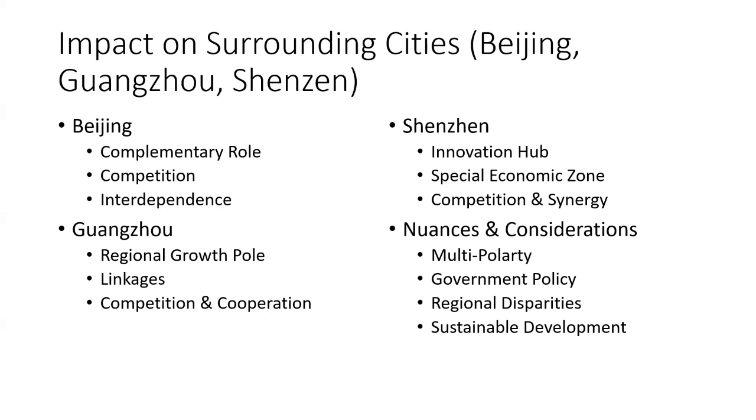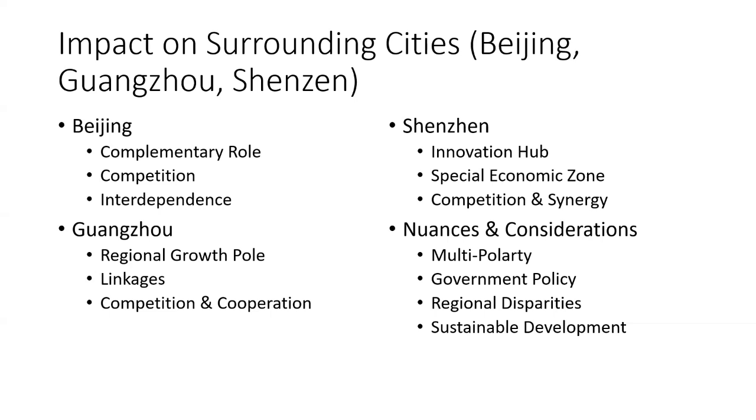For Beijing, there are complementary roles, competition, and also interdependence. Beijing serves as China's political and cultural center, while Shanghai focuses on finance and trade. Beijing excels in education, research, and high-tech industries. Beijing and Shanghai compete somewhat, particularly in attracting talent and investment in emerging industries.